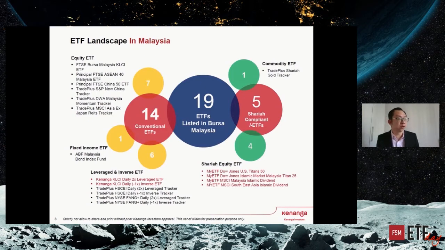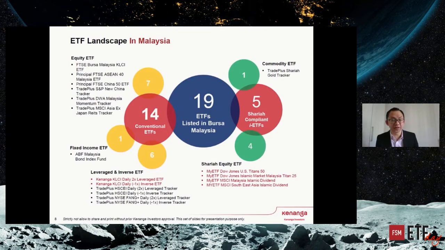So now we dissect what these 19 ETFs are. Out of these 19 ETFs listed on Bursa, 14 are conventional and 5 are Sharia-compliant. Out of these 14 conventional ETFs, 7 are equity, which cover Malaysia, ASEAN, and so on.